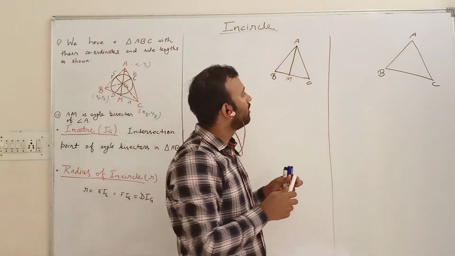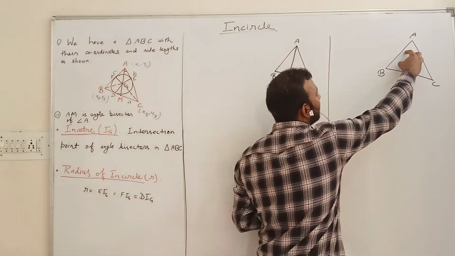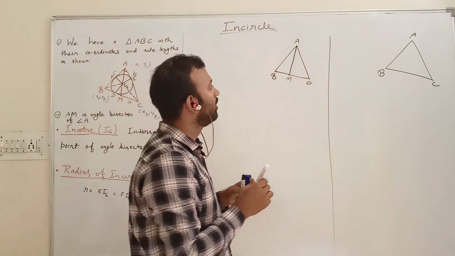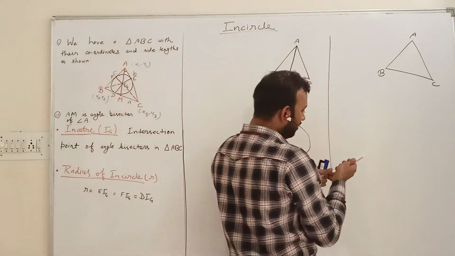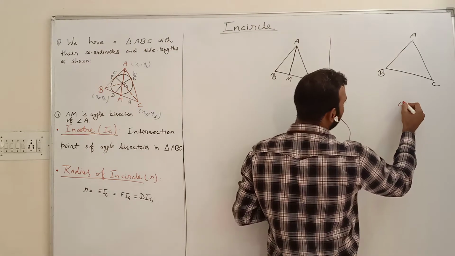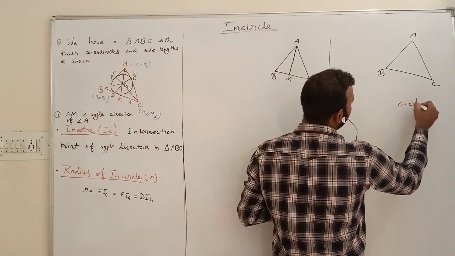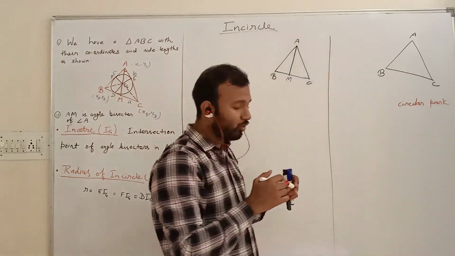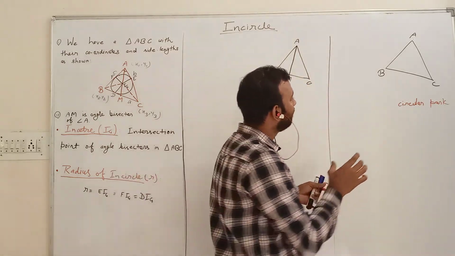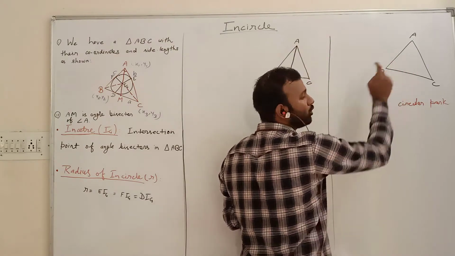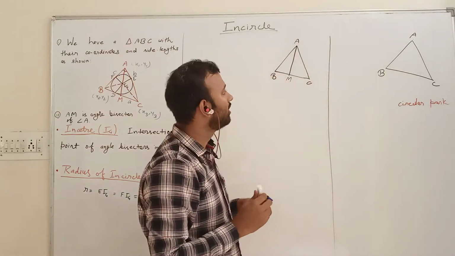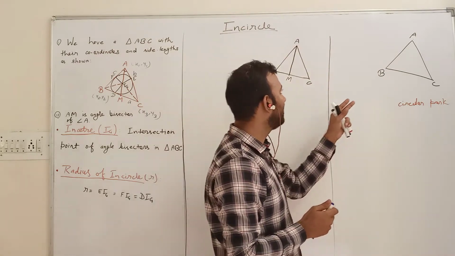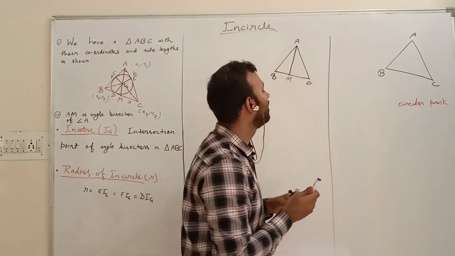So consuming this area is the first target, and they want to develop a circular park. So they want the exact position, the exact location of the circle. So the use of the incircle here will be really very helpful.